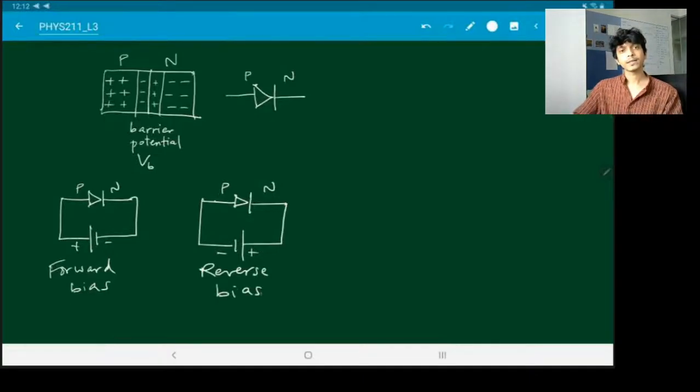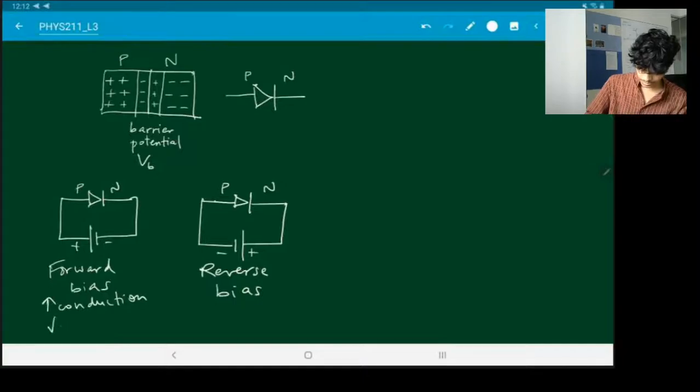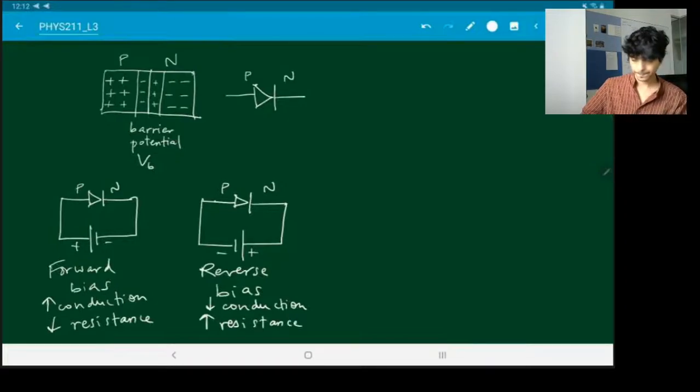Now when you connect a diode in forward bias, it allows the charge carriers to cross the barrier, and so you have current being conducted. So high conduction, you can say that the internal resistance of this diode is low. But if you're in reverse bias, then it doesn't conduct, or you can say that the internal resistance is high.